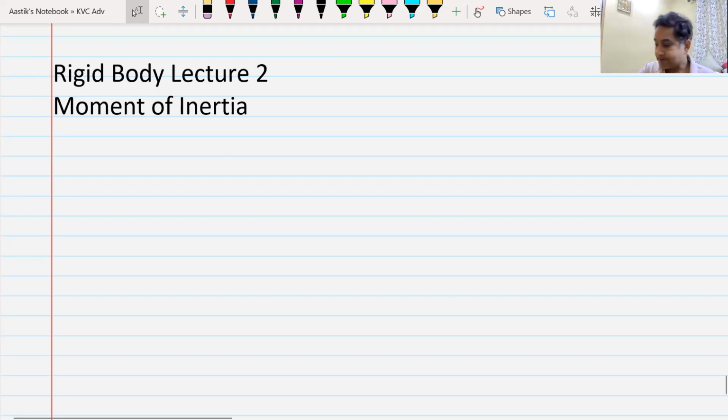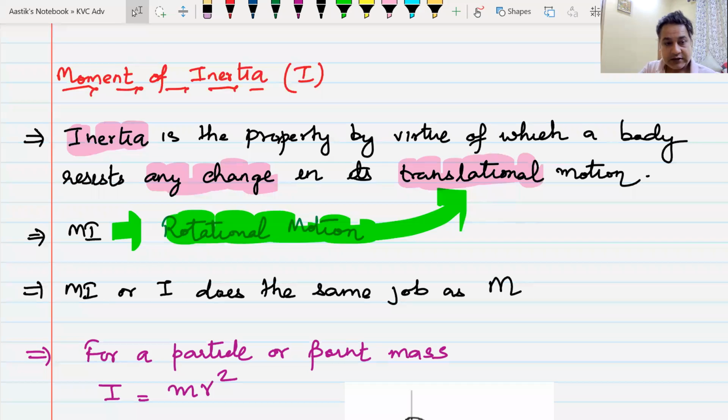What is moment of inertia? Inertia is a property by virtue of which a body resists any change in its translation motion. Rotational motion. You still have to read it from the book. That is not a good sign.